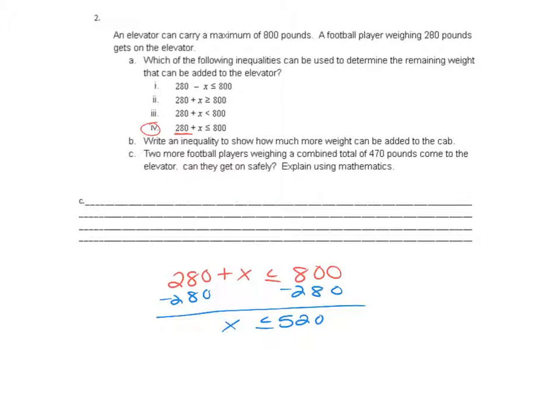Because you have the football player that was already on there weighing 280. 750, right. So now we're going to explain that. So we'll start with our yes or no statement. Yes, the 2 players can get on safely.